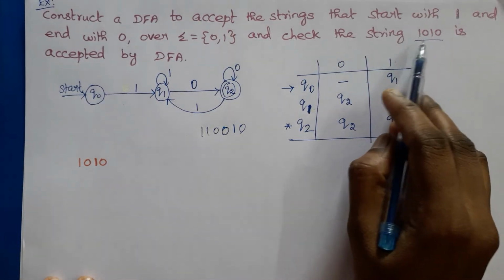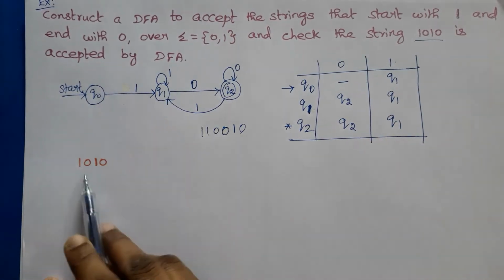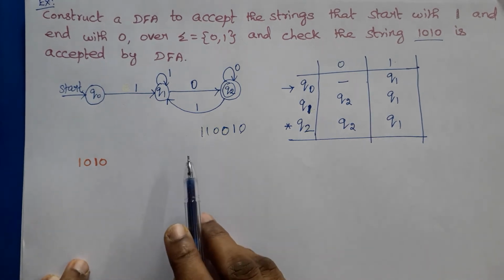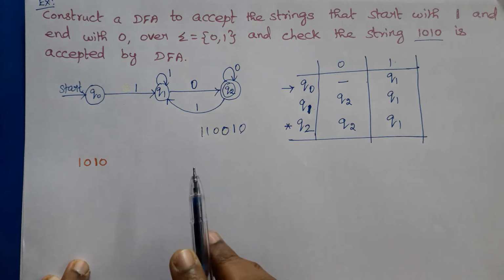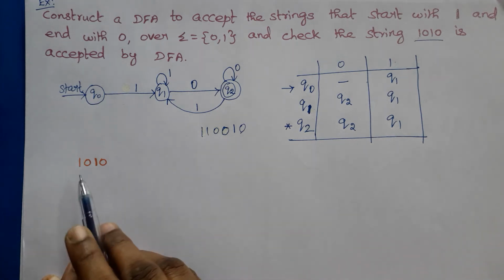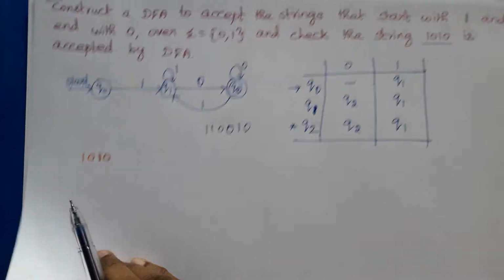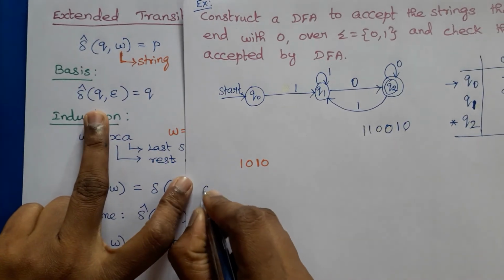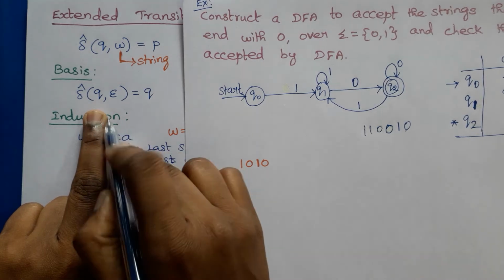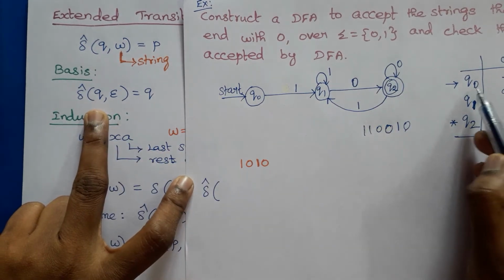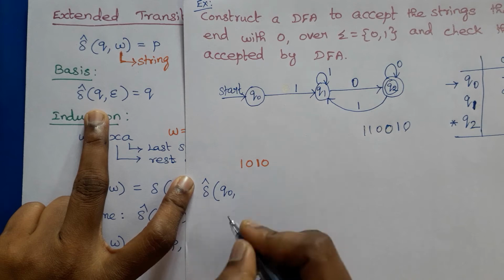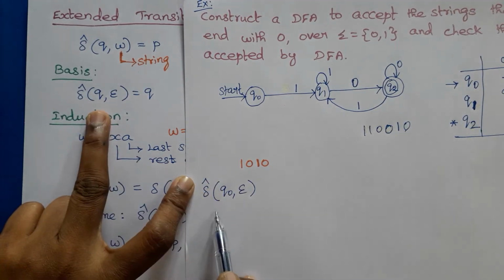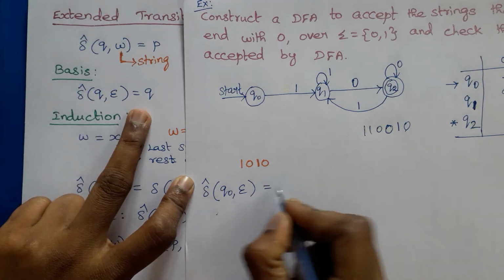Now we need to check whether 1010 is accepted by our DFA. So we can use the extended transition function for checking whether the string is accepted by our DFA or not. First we need to write the basis condition. So delta cap of Q0, comma, epsilon is equal to Q0.